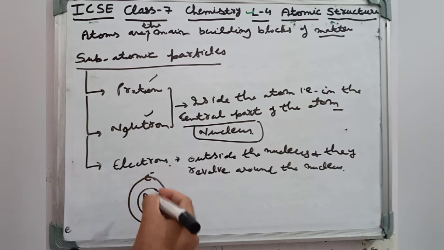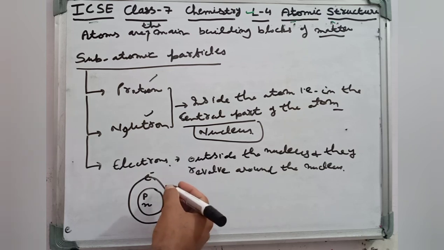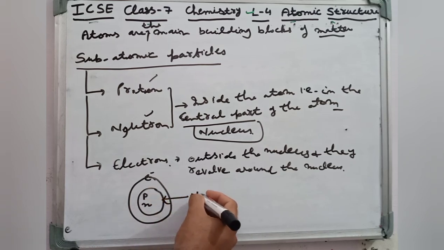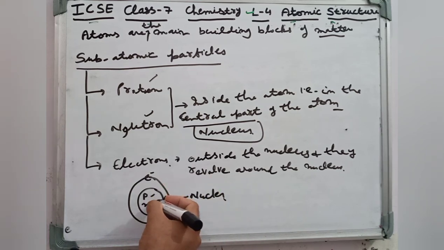They are called electrons. They are always negative, right? So this is the central part of an atom, the nucleus. In the nucleus there are protons and neutrons, and around the nucleus revolve electrons.